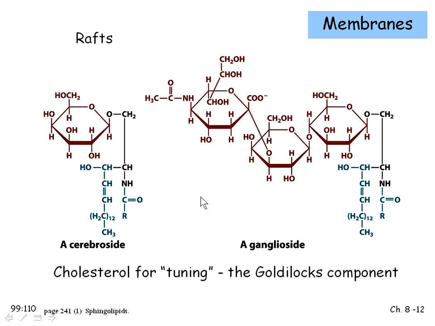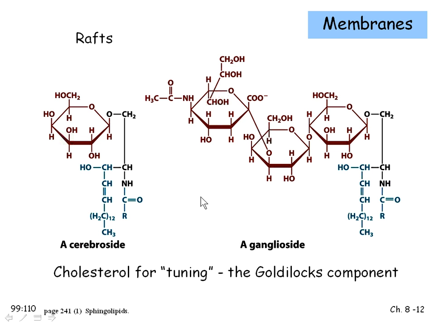overall, the composition of the membrane is tweaked and tuned with cholesterol, because cholesterol can act from both sides. So it can raise the melting point of things that are unsaturated and lower the melting point of things that are saturated. If you think about something that's got a lot of saturated fatty acids in it, the cholesterol sticks into that and makes it hard for them to pack, so it will lower the melting point.